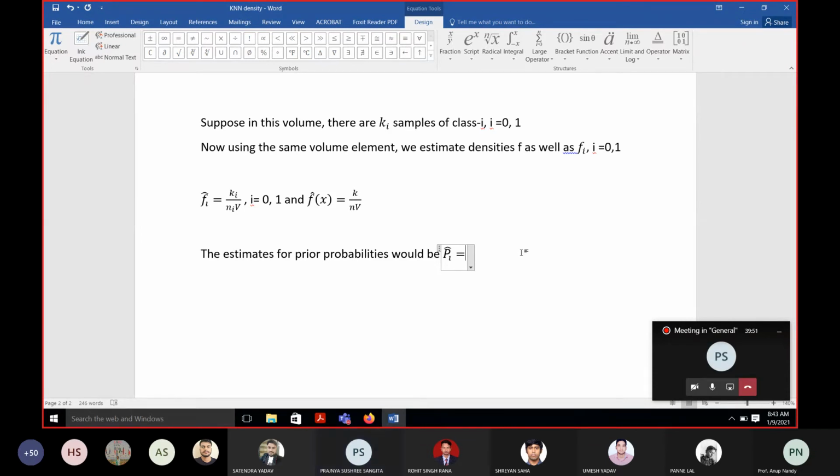So Ni by N. Very good. Yes, you are right, because this is the number of samples for the ith class. So you need the samples which belong to the ith class, and if you have two classes, the samples which belong to the first class plus the samples belonging to class 2, divided by the total number of samples. That's it. It should be Ni by N.